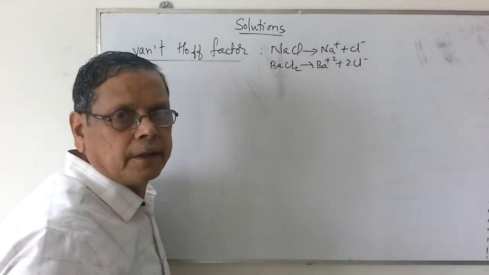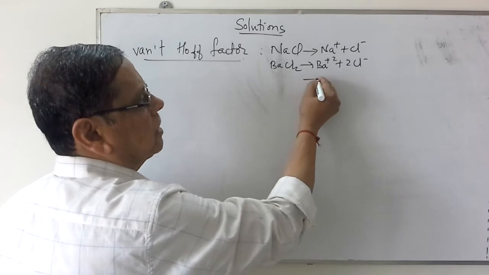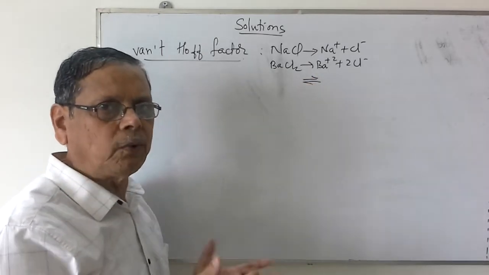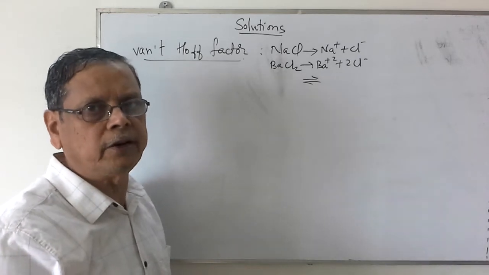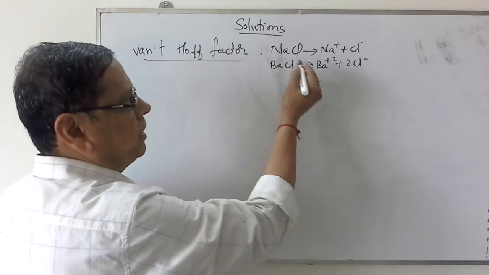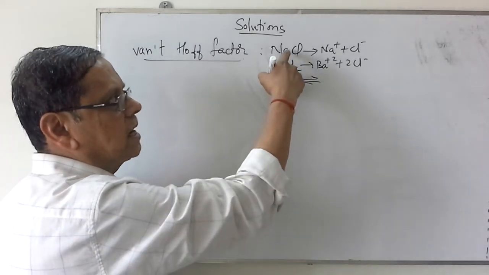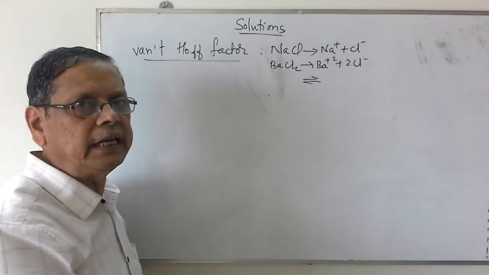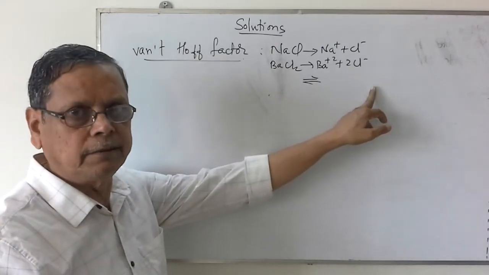Some salts undergo dissociation in a reversible manner. There will be an equilibrium between the unionized and ionized part of the salt. So in such cases, the number of particles will not be exactly the same as what we have taken. The number of particles will increase if the substance undergoes dissociation.